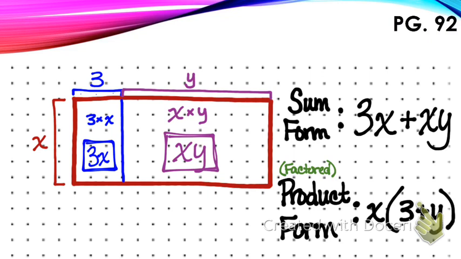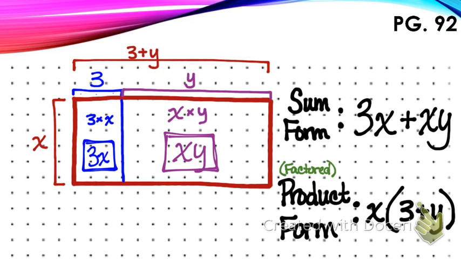Why does it have an x outside the parentheses? This side right here is being multiplied to this whole side. Why is 3 plus y inside parentheses? The other side is made up of 3 together with y.